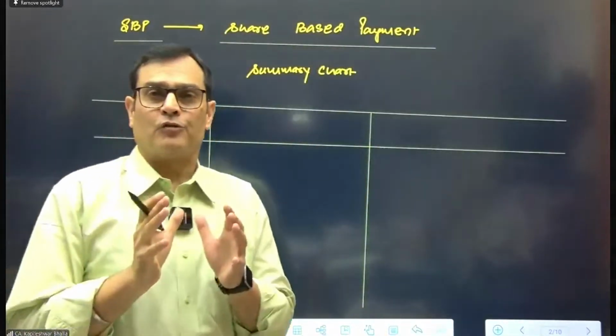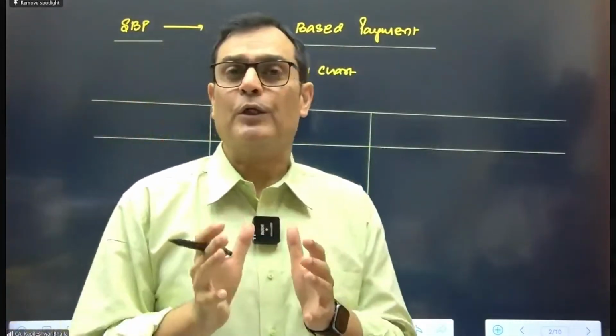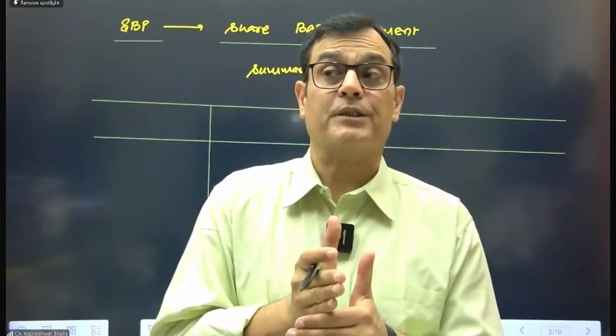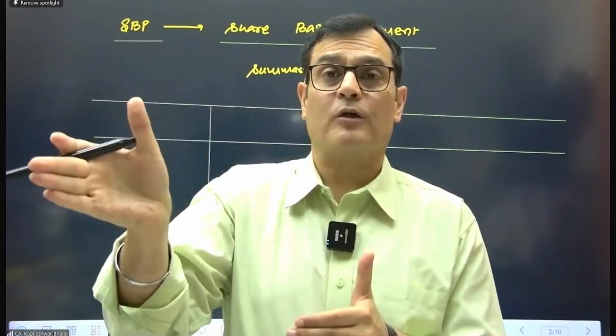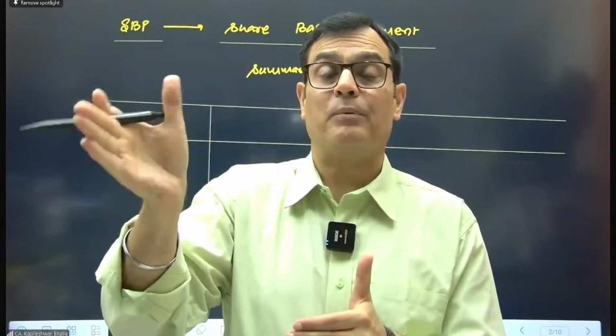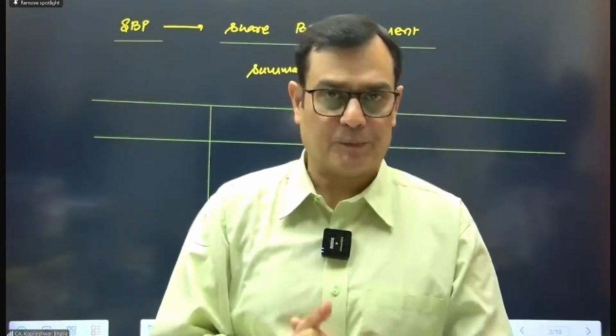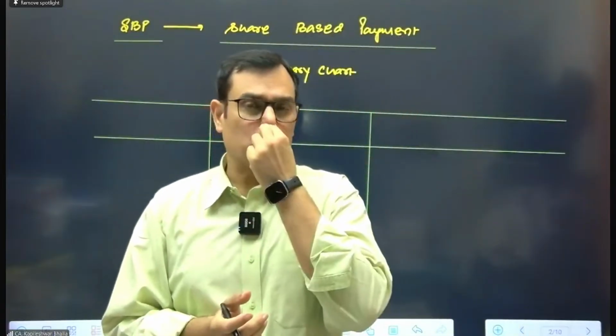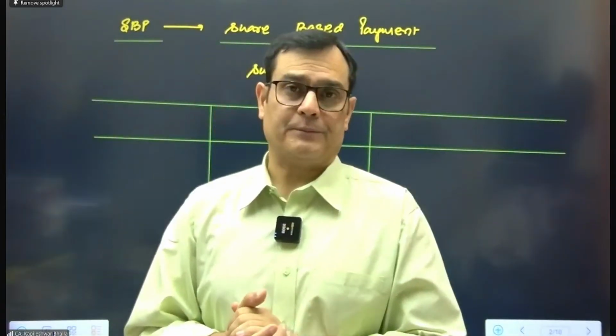You would recall that when you are looking at SBP, one case is where the acquirer is required to mandatorily replace the share-based payment awards. So it is called mandatory replacement. The second situation is an optional replacement.